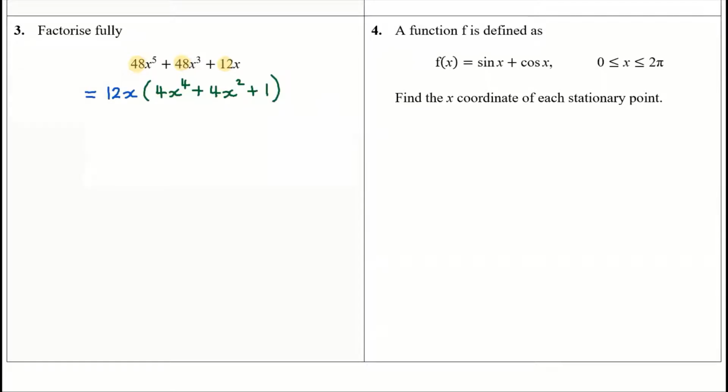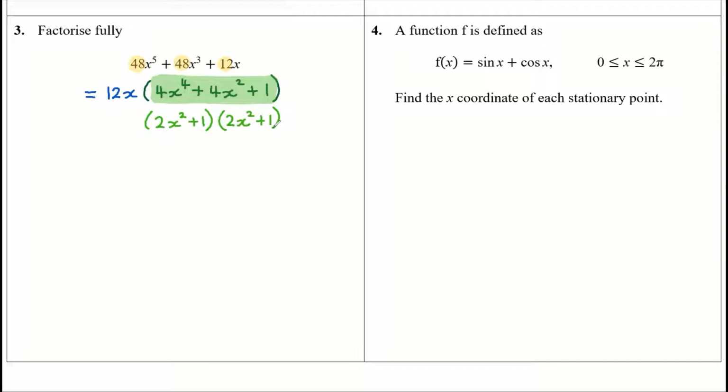If you cast your eyes over worked example 1, this may look familiar to you. Now, where did we see this? Well, this was what we got when we multiplied 2x squared plus 1 by itself. So that part is the same as 2x squared plus 1 multiplied by 2x squared plus 1.